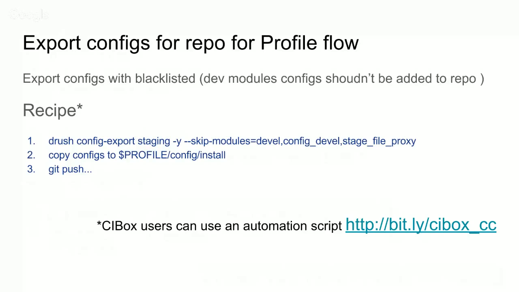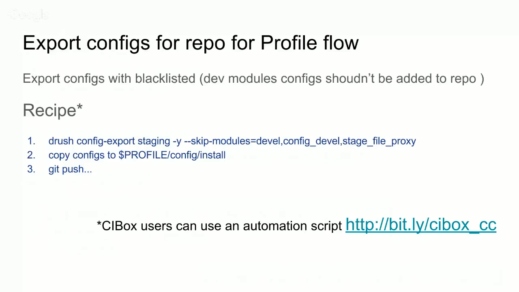How to export configs for future usage? You need to run drush config export, and there is a tip that you need to skip modules like devel config and devel stage file proxy, and not put them into the storage, because they can break the overall process and you won't be able to enable them afterwards.